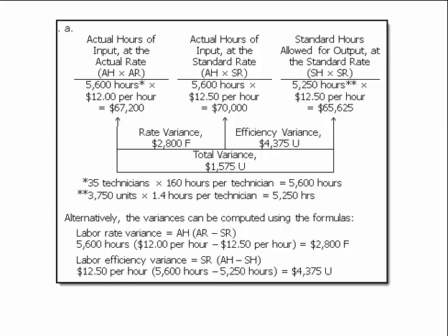So based on what we see, we had a total variance of $1,575 unfavorable. And the assumption here is that the reason we had the variance is because we changed the mix of the workforce, and we would have operated at standard had we not.